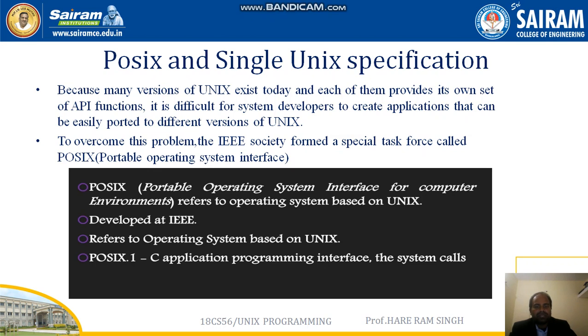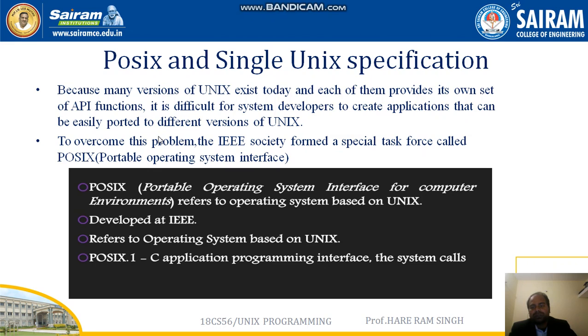Later on, different versions of Unix were prepared, called Fedora, Red Hat, and all those things. Since different versions of Unix exist today, developers got confused, and it becomes very difficult to write a program in one version of Unix which may or may not run in another version of Unix.